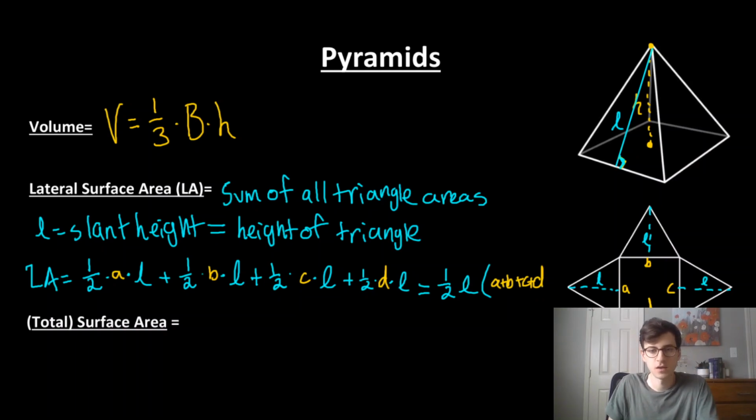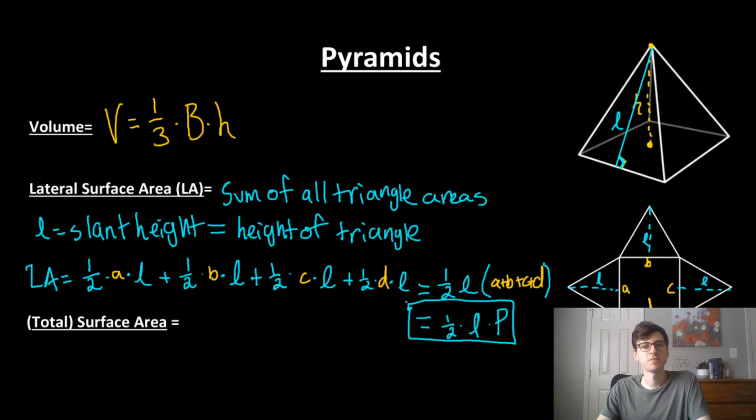And what's another word for the sum of all the sides of a figure? The perimeter. So then this is 1/2 times the slant height times the perimeter of our base. And that's the lateral surface area.